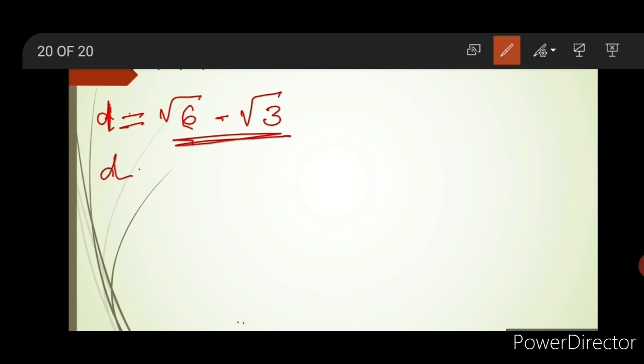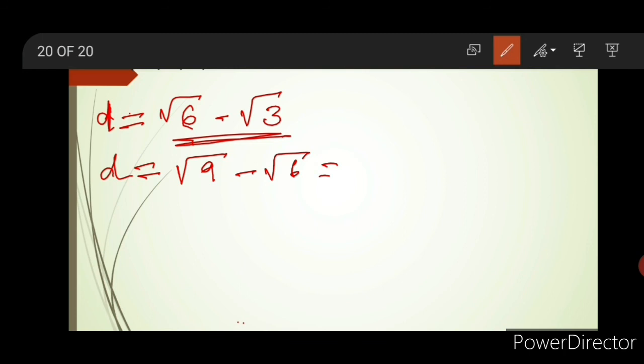So simplify. D is equal to A2 minus A1. A2 is root 6 minus A1 which is root 3. On simplification, can you simplify this? No. Next, D is also equal to A3 minus A2. A3 is root 9 minus root 6.